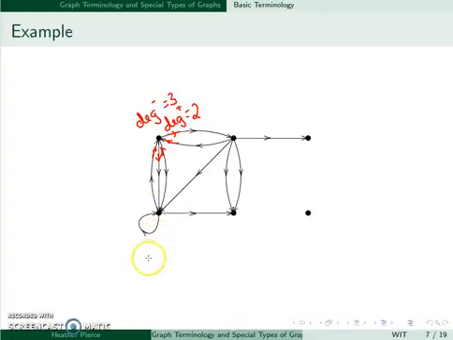If I look at this one here, the in degree would be the number of edges coming in, which is 1, 2, 3, 4. And then deg plus would be the number of edges leaving, which is 1, 2, 3.